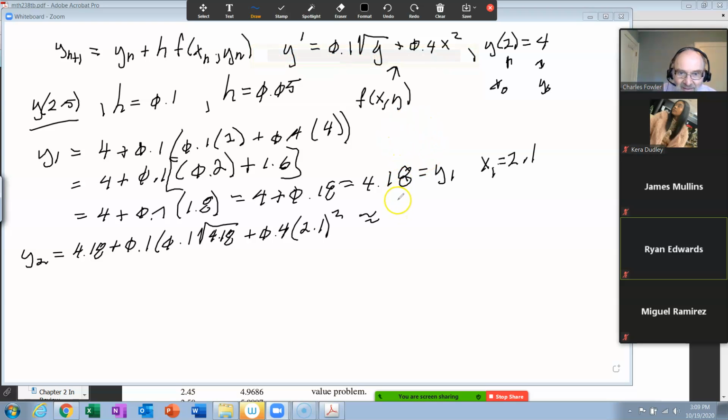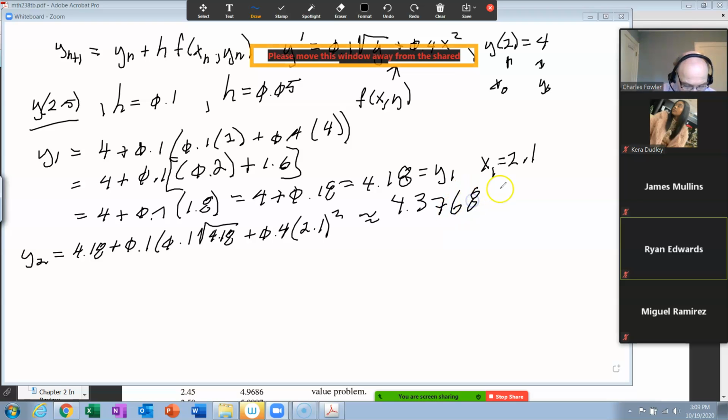Okay, I'm going to write down a bunch of digits. 4.376845. Now, I usually would not use that many digits, but because anytime I round off, it's going to exaggerate the error. Let me make sure I got it right.